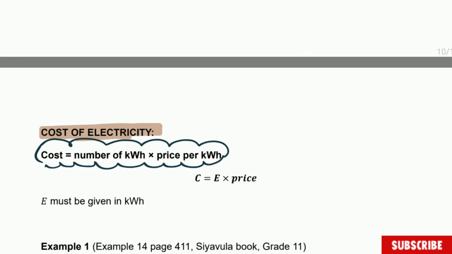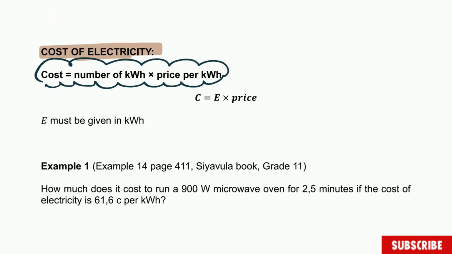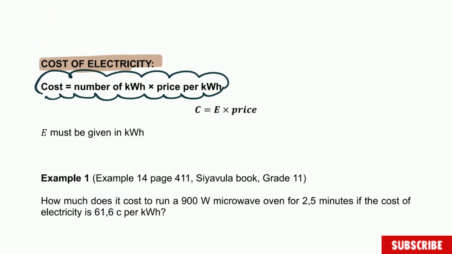So you won't have this formula for calculating the cost of using a specific appliance at home. For instance, if you're using a computer for 3 hours, how much in rand, in the case of the currency of South Africa, will it cost you to use that computer for 3 hours, or if you boil a kettle or things like that.